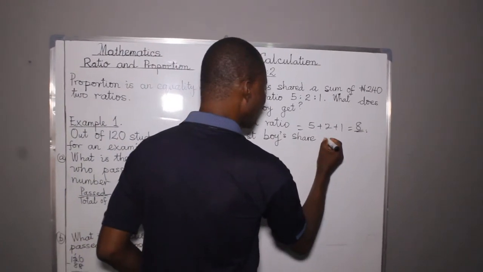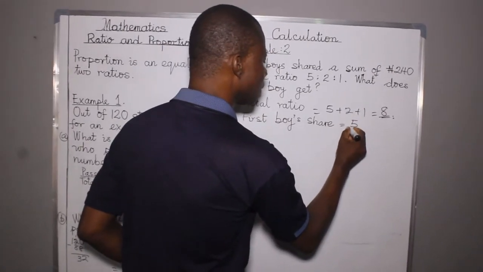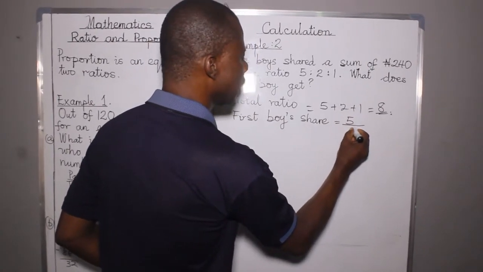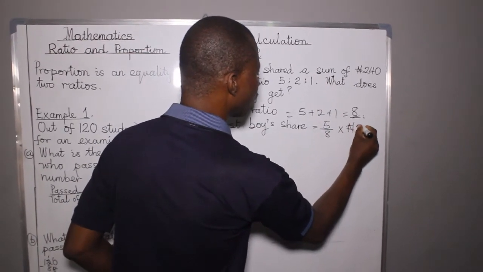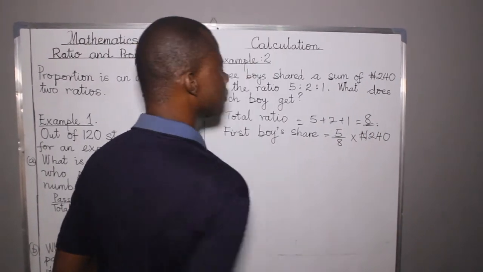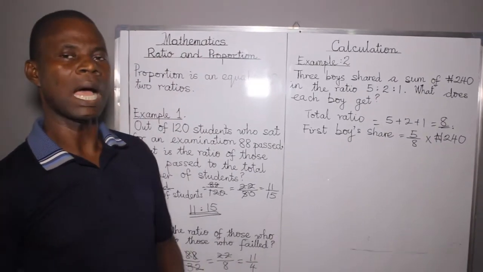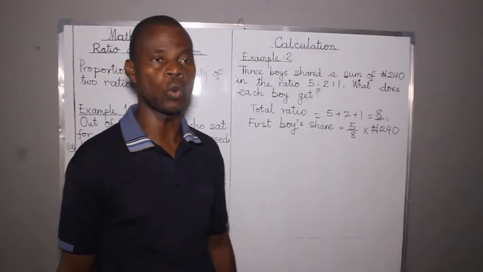And that gives us 5 over 8 times 240 naira. That's how to calculate the share of each one of them.